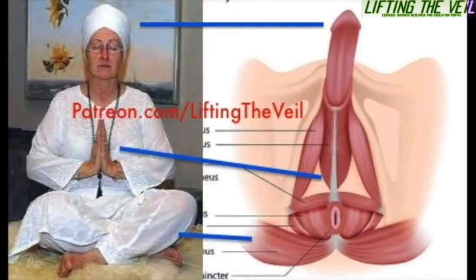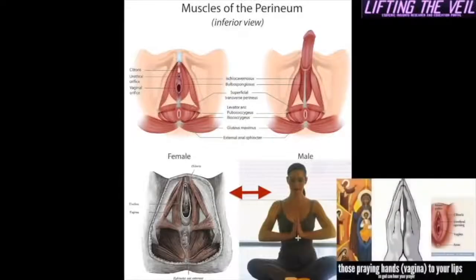And we can see the similar shape between the hands, which, when we look deeper into the symbolism of the hands, is actually the vesica piscis, as I just mentioned, which corresponds to the female anatomy, which corresponds to the female sexuality.